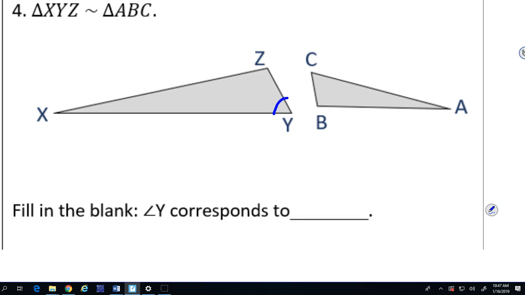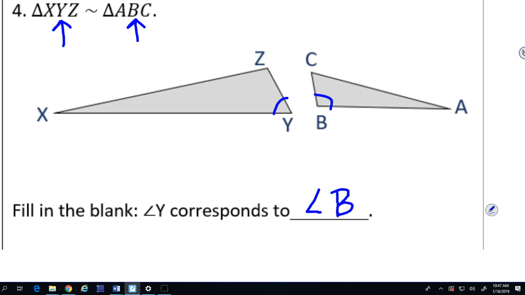If I look at the shape, it appears that it would go with C. But if you look at the way it's named, Y is actually going to correspond to angle what? B. Okay? It doesn't look like it, but we always go with how it's named, because the shapes are not always drawn correctly, but the way that they're named should be done correctly. So angle Y is actually going to correspond to angle B.